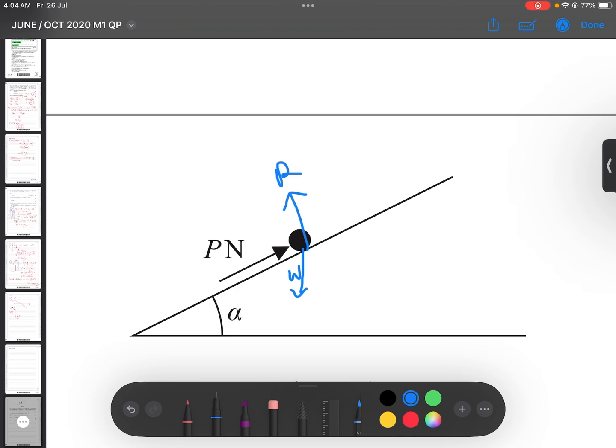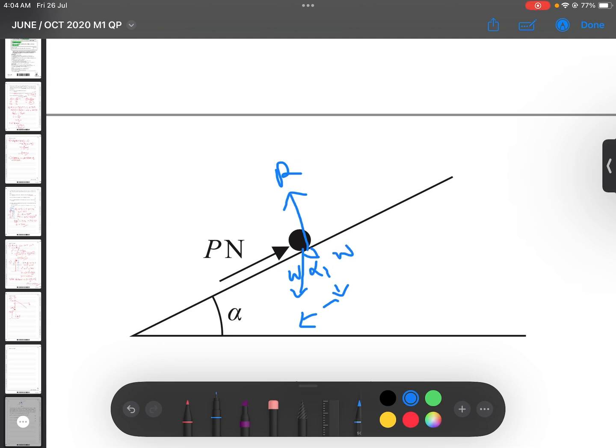And now we can see that as the weight is acting at an angle to the surface, there are going to be components of the weight, one vertically downwards and one vertically to the left. This is going to be the angle alpha. And as alpha is connected to the vertical arrow, this is going to be cos.